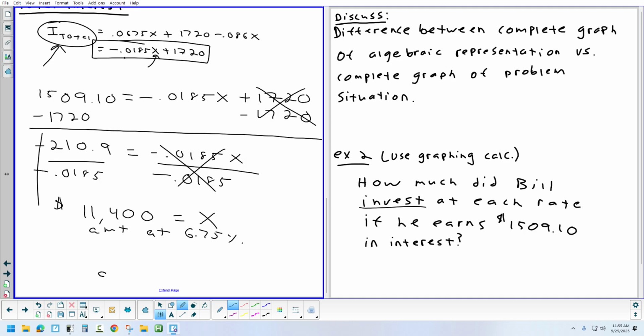But I still need to know the amount at, I think it was 8.6%. How would I figure out the amount at 8.6%? Yeah, subtract that from the 20,000. And that would give you 8,600.